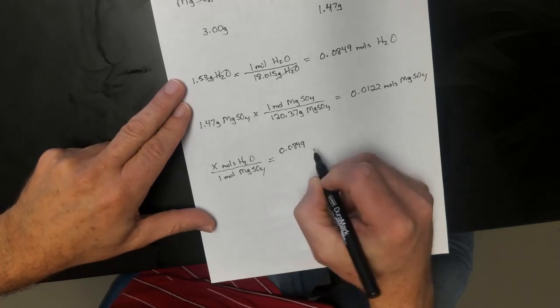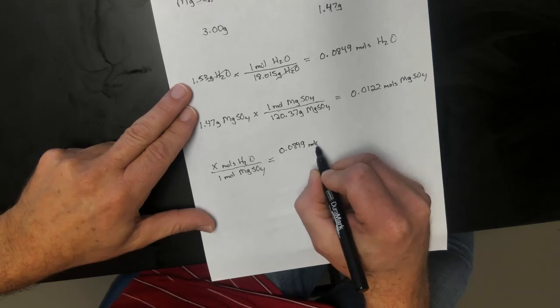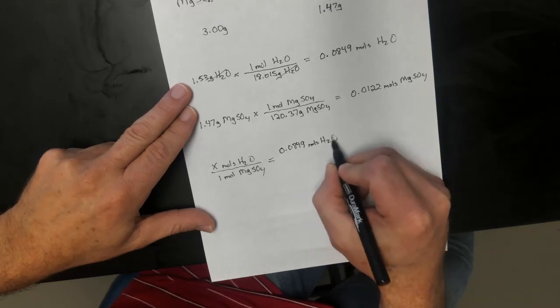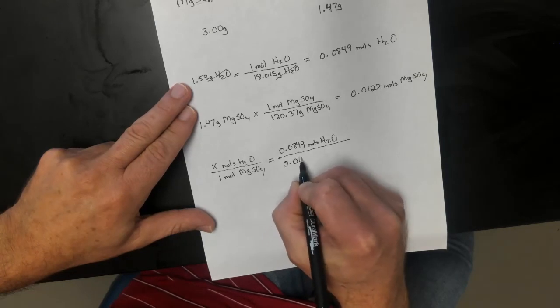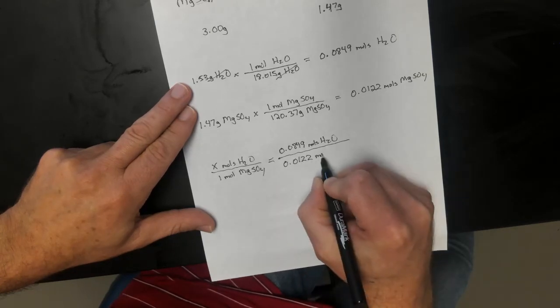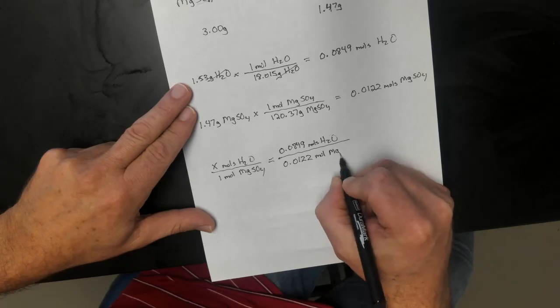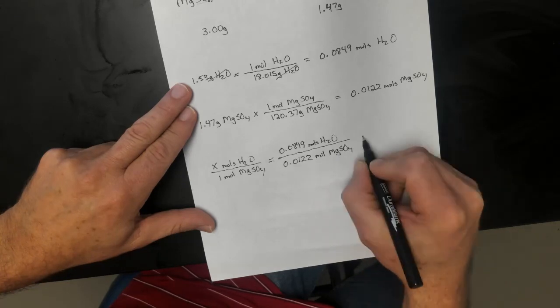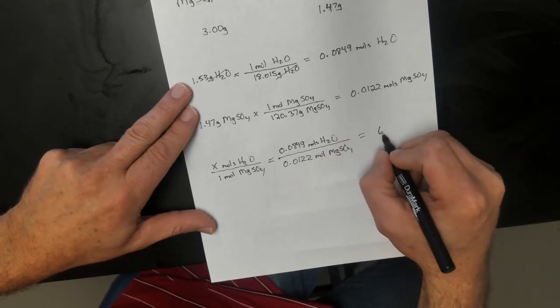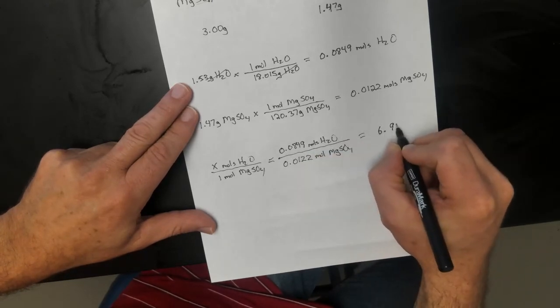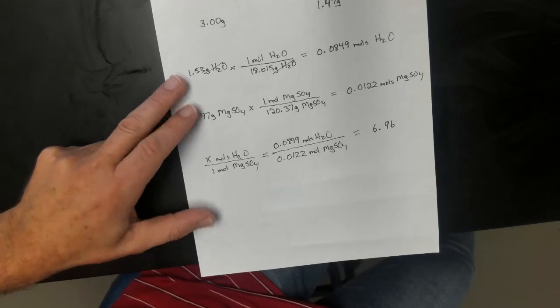0.0849 moles of water. That turns out to be, with significant figures, 6.96. Okay, 6.96.